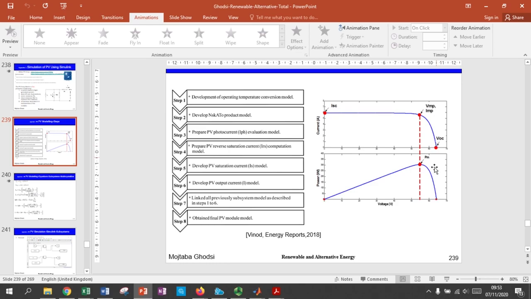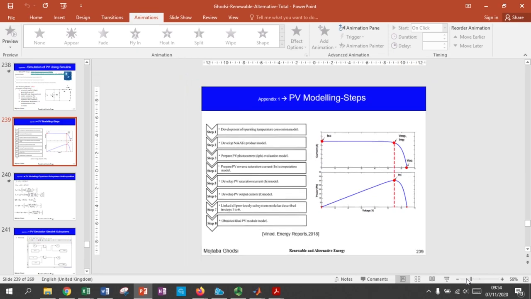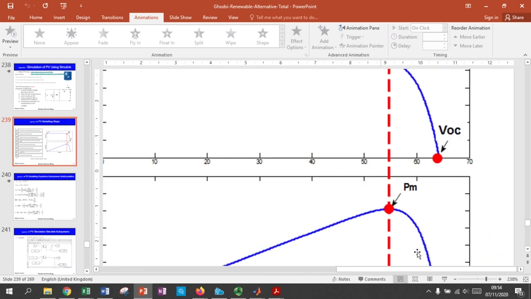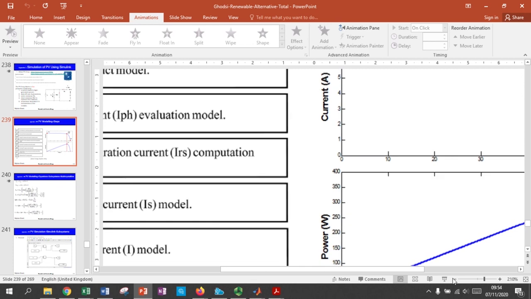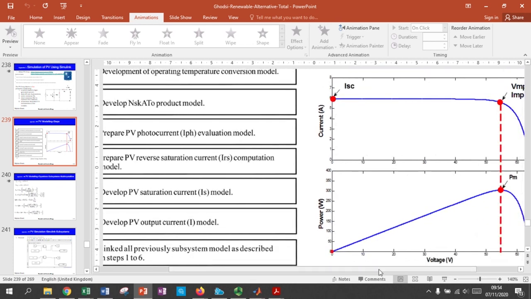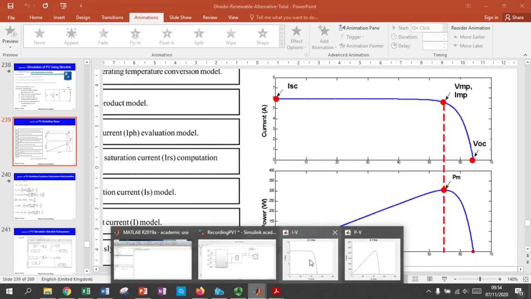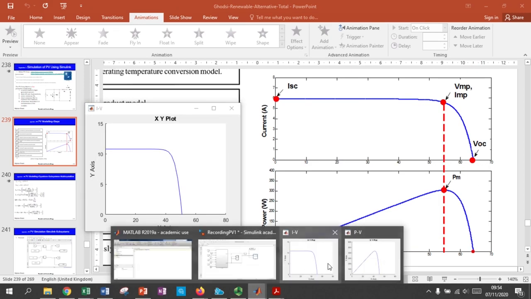This point is VOC, this is the maximum voltage, and it's possible to find out the maximum operating point. You can find it here. The maximum voltage and current, I short circuit, and PM, and this is the VOC point. Again, we can find all of them here.